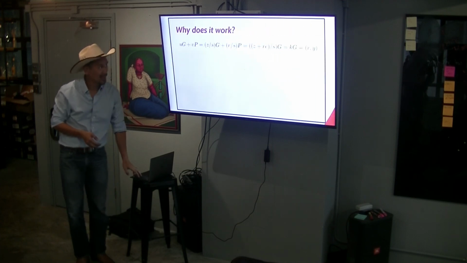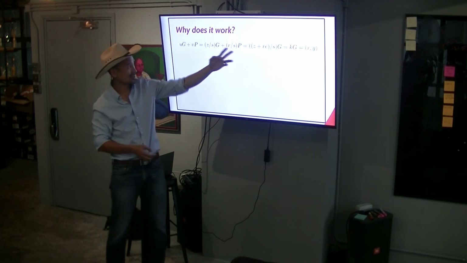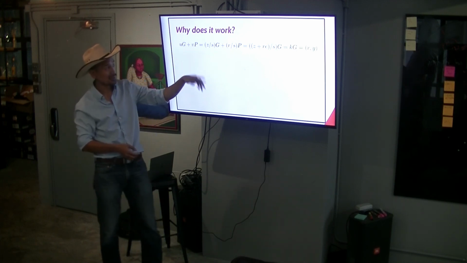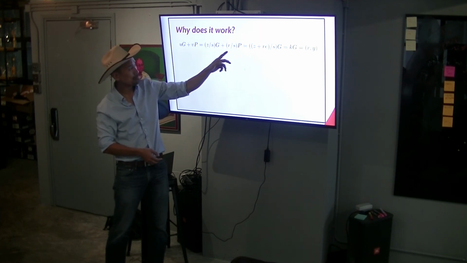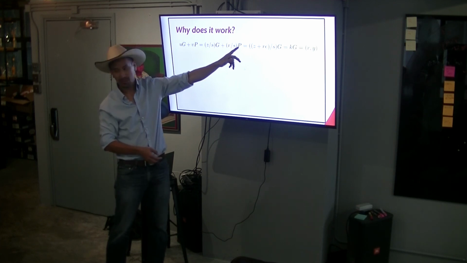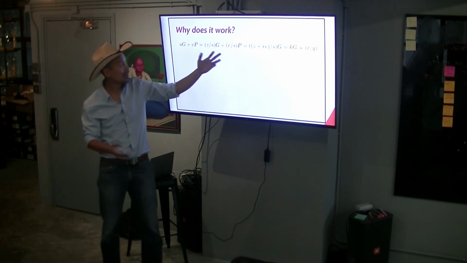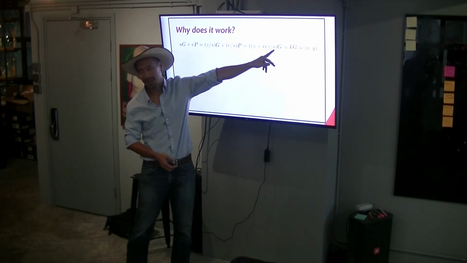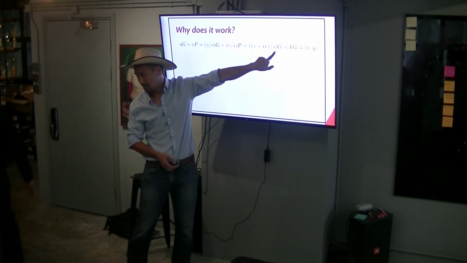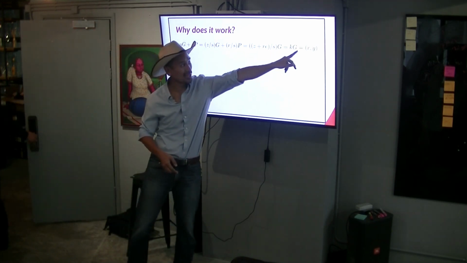And the reason why it works is because UG plus VP is Z divided by S, R divided by S. That's the definition of U and V. And P is the same as E times G, right? Because that's the public point, and E is the private key. You can combine the terms, and you get Z plus RE divided by S. And we manipulated S. S equals Z plus RE divided by K, so that ends up being KG.